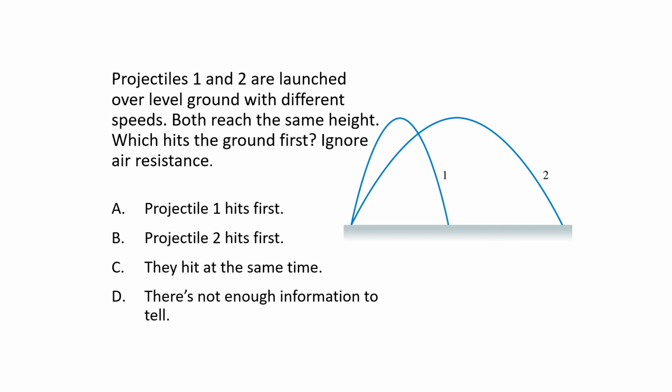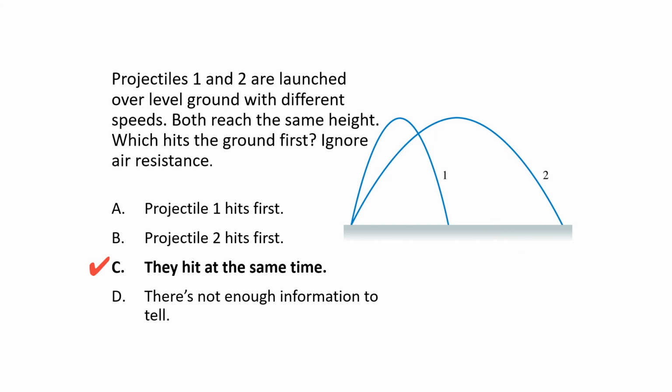What happens if we launch at different speeds, but launch them so that they hit the same height? Which one is going to hit first? Projectile 1, projectile 2. Think about it.